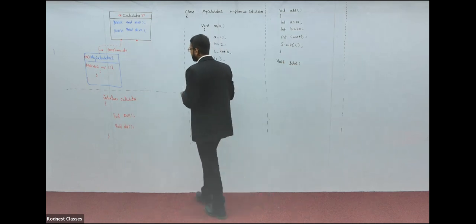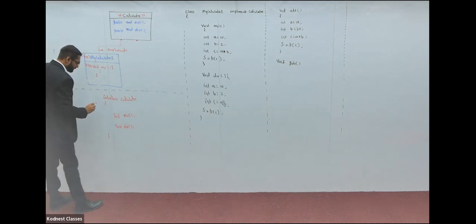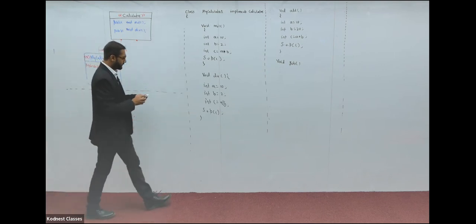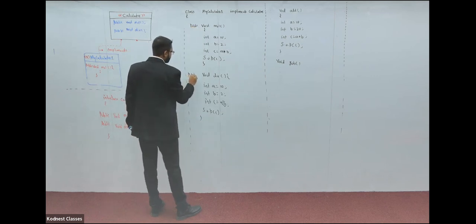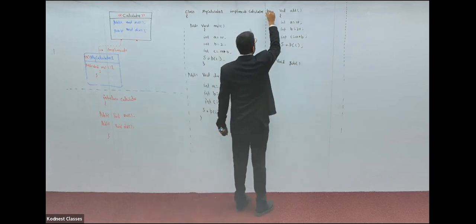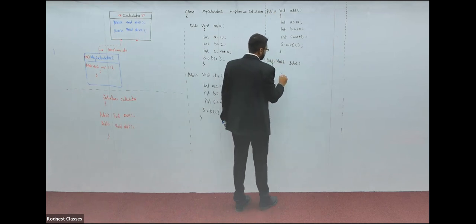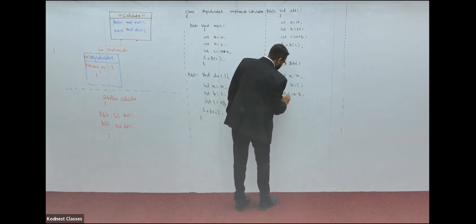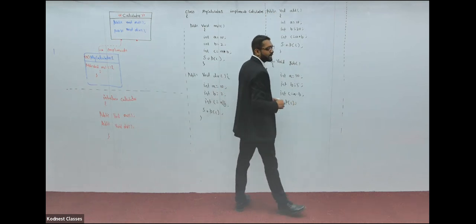Of course, I certainly have declared everything as public. Everywhere it is public only: public void mul, public void div, public void add, public void sub. Int a equals 10, int b equals 5, int c equals a minus b, system dot out dot println c. Closing the sub, closing the class.